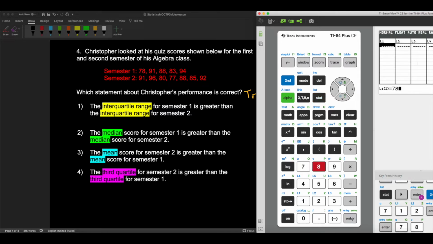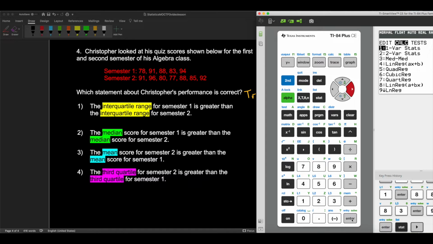78, 91, 88, 83, and 94. Stat, right, enter. Guys, the buttons don't change for measures of central tendency. Okay, mean, 86.8. And what I'm going to do is I'm going to write it on the bottom here.